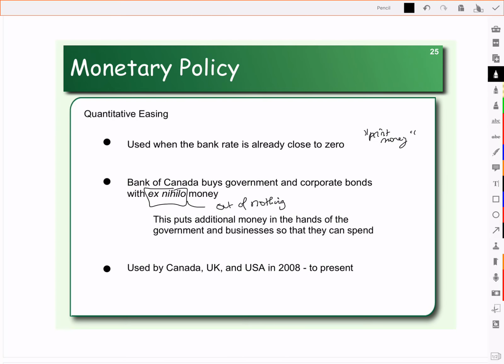Okay, well, how does this work? Well, to stimulate the economy, we want businesses to spend, we want the government to spend, so maybe the government is building roads, hospitals, schools, and they need money to do so. So the Bank of Canada will buy government and corporate bonds. So remember, bonds are an IOU.